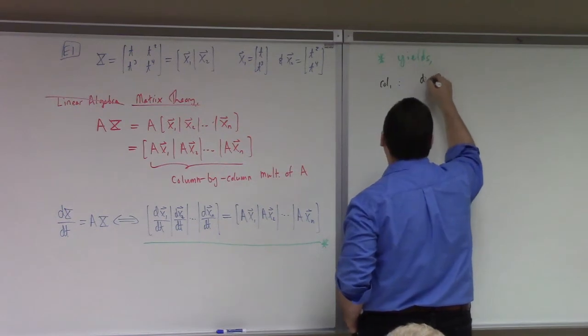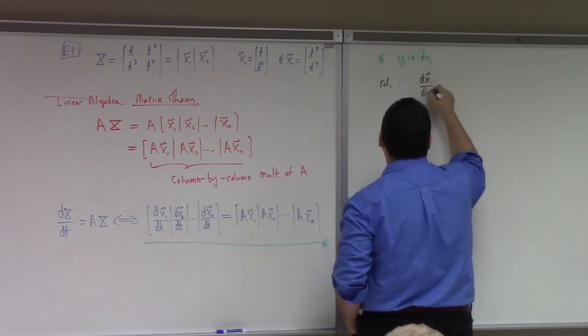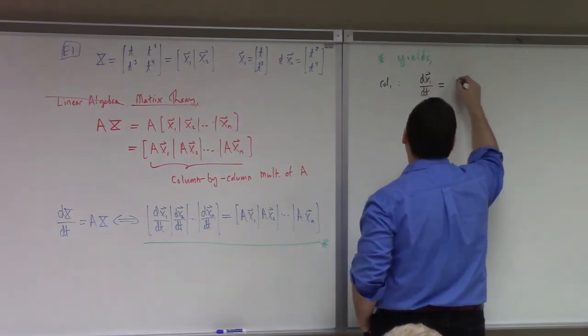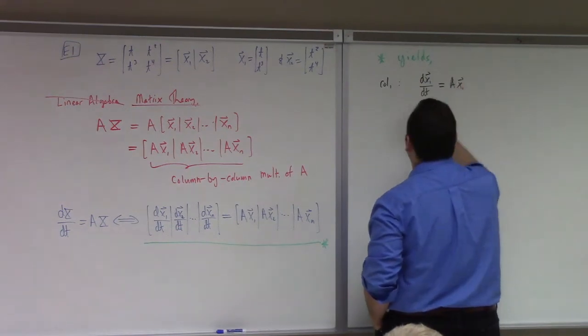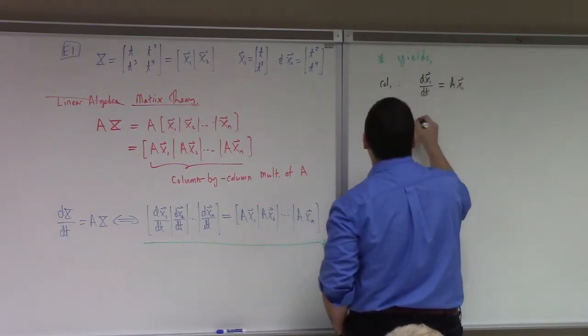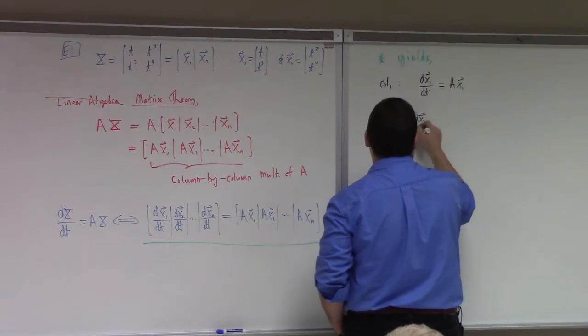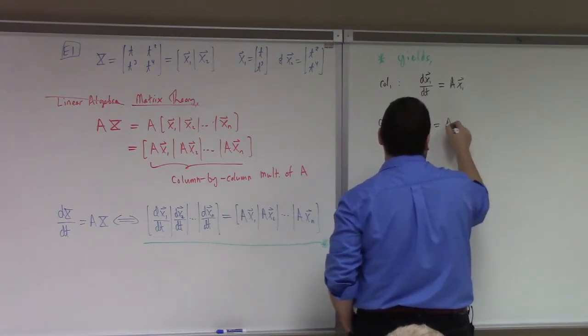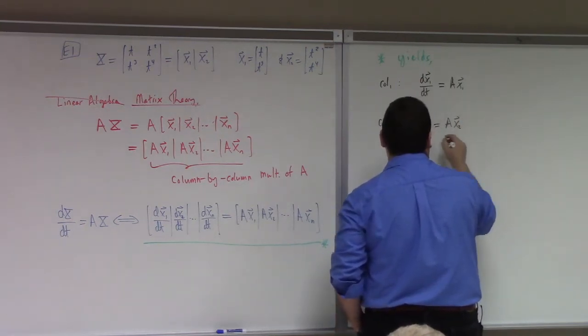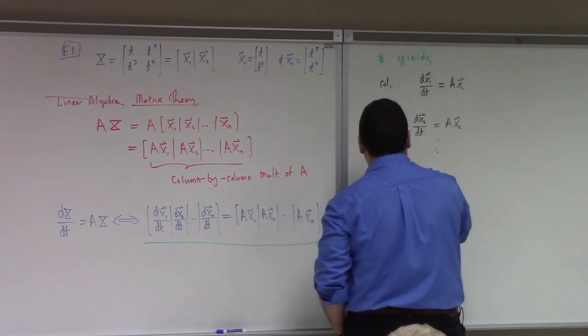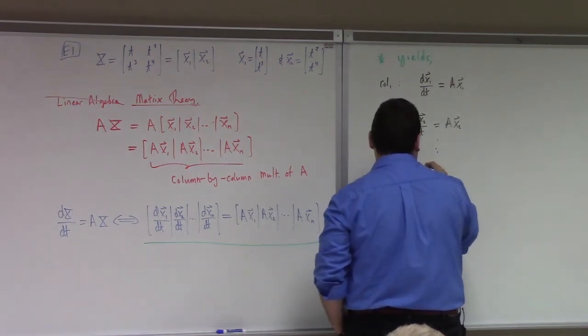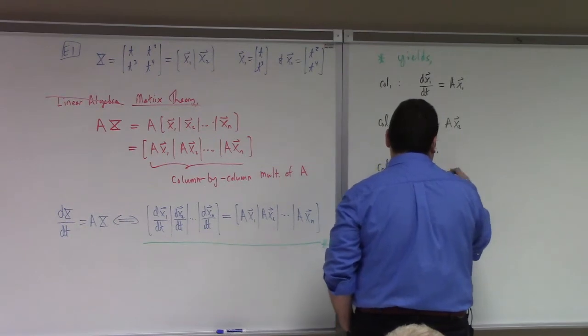We get that dx1/dt equals Ax1. If we look at column 2, what do we get? Yeah, dx2/dt equals Ax2. And so forth. The nth column gives me dxn/dt equals Axn.